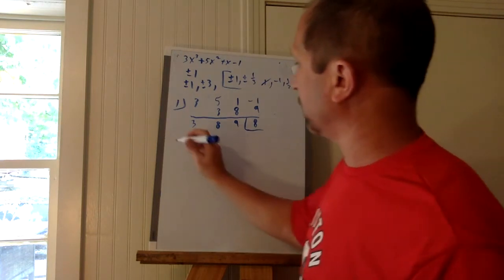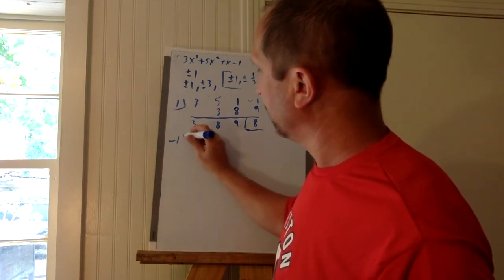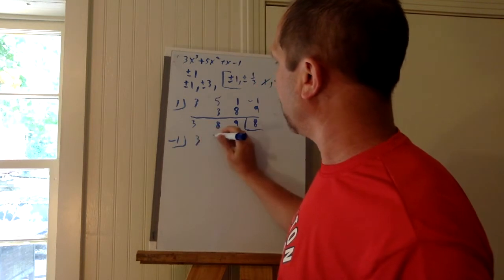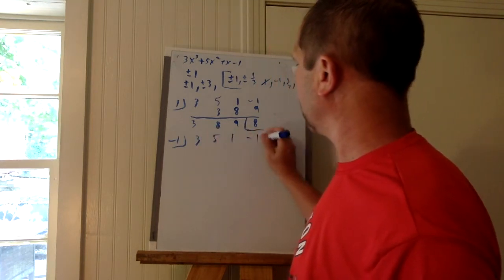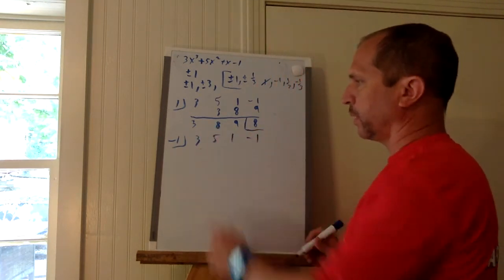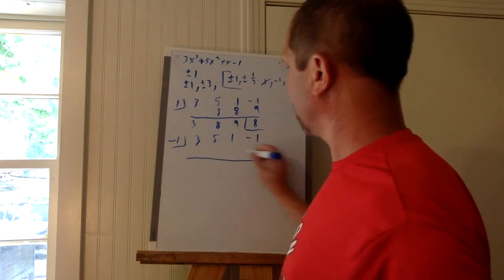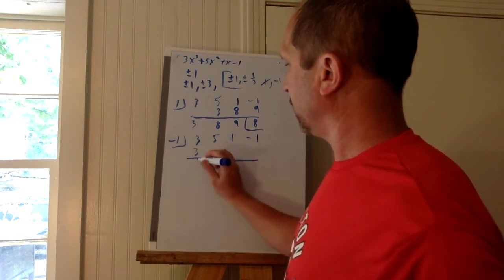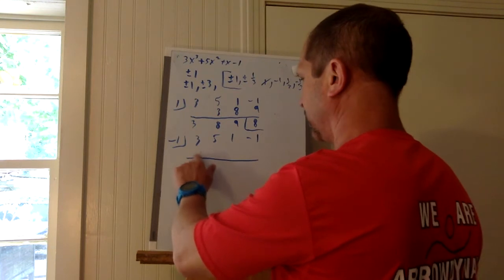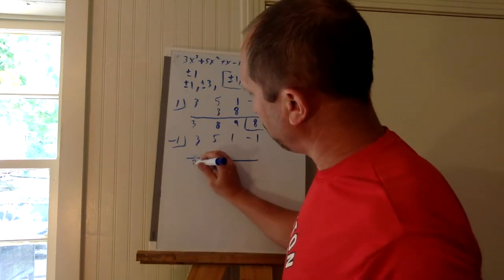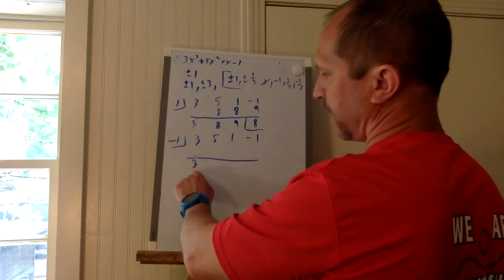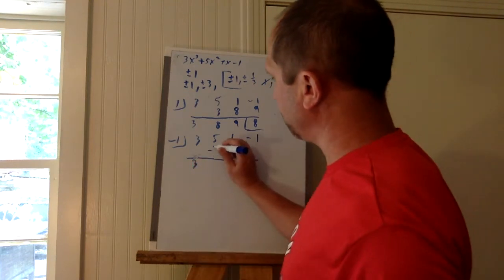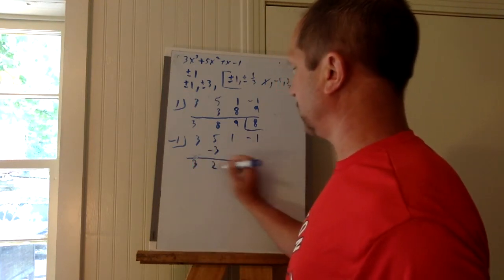So let's go to negative 1. With negative 1, again, 3, 5, 1, negative 1. All right, so pull down my 3. Negative 1 times 3 is negative 3. 5 minus 3 is 2.